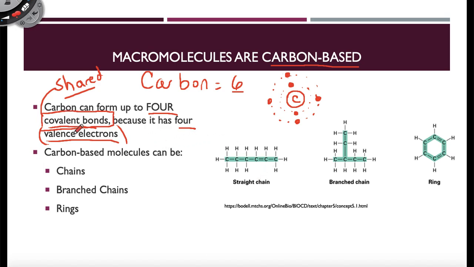So then that means that the carbon-based molecules can have different arrangements. So you see here that some can be a straight chain like this, some can be a branched chain like this, and some can also form a ring like this. And we're going to look at how glucose, which is one of our major molecules here, is a ring structure, or can be a ring structure.